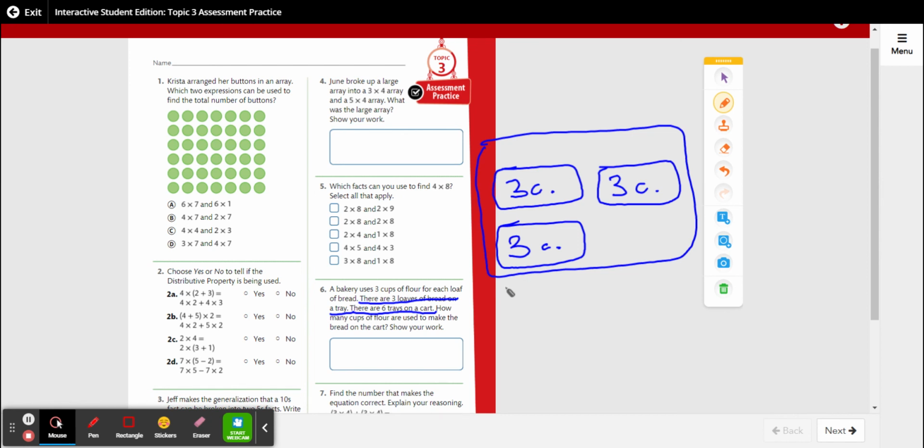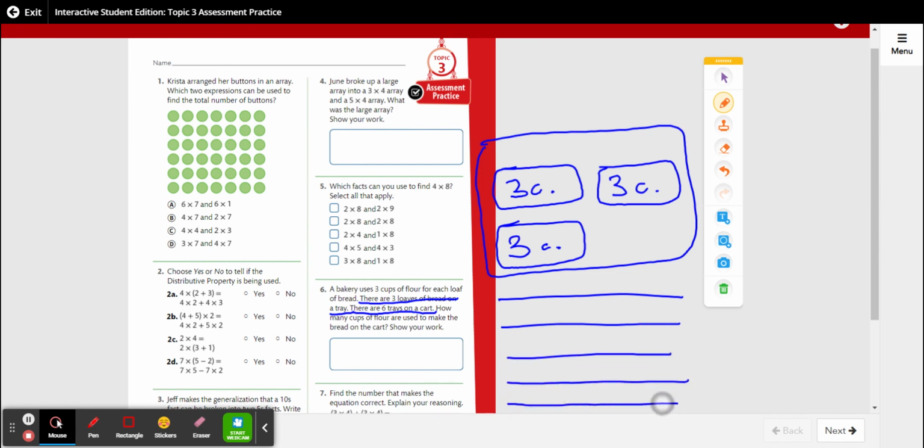And if I drew the trays like this, 1, 2, 3, 4, 5, 6. Maybe I should have done it like this. Oh yeah, that would have been better. There's my tray, there's my 3 loaves of bread, and there are my 3 cups.